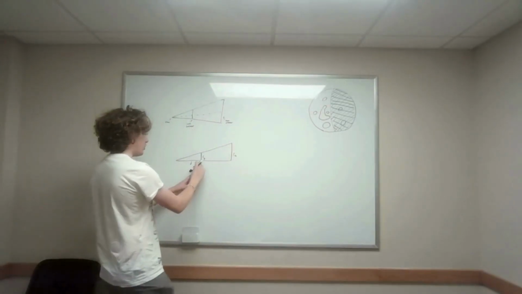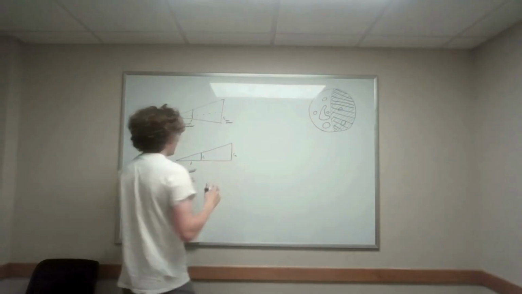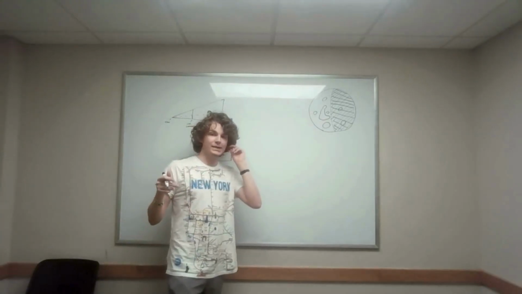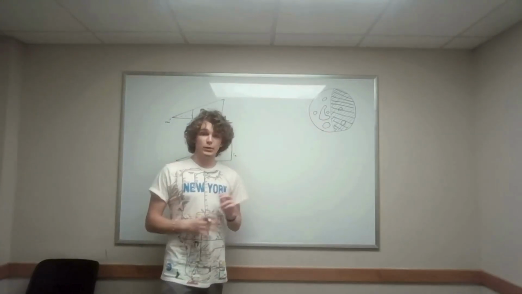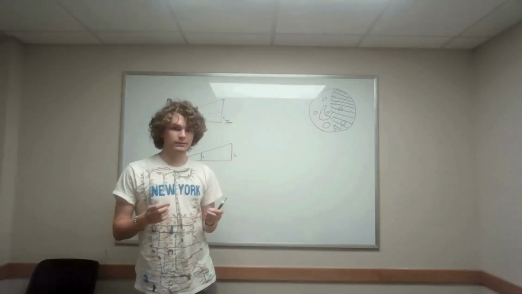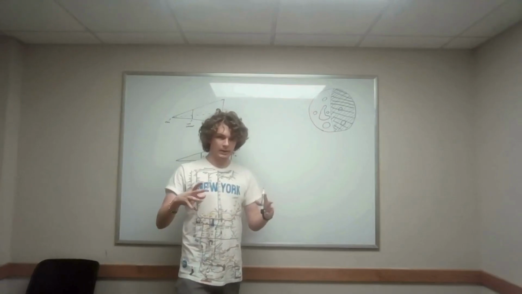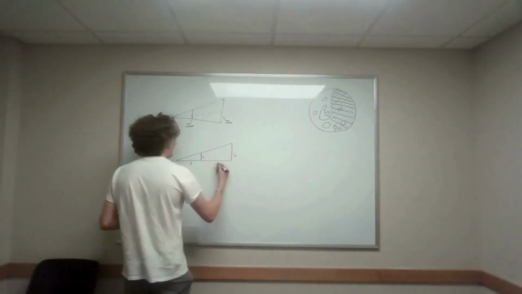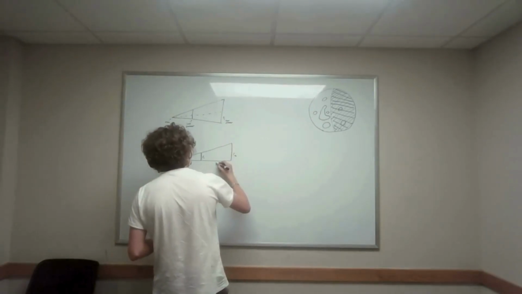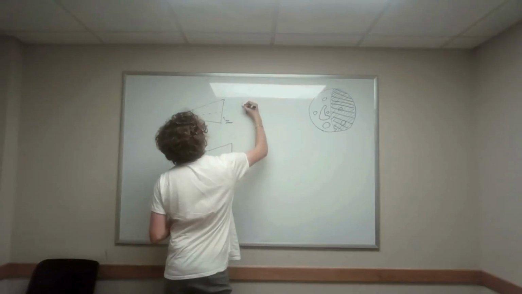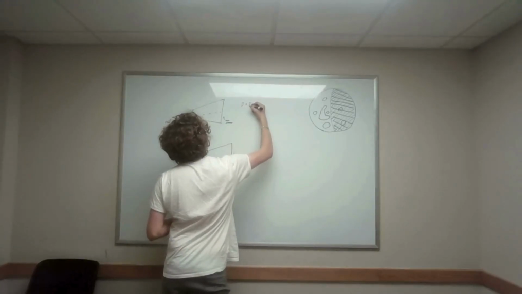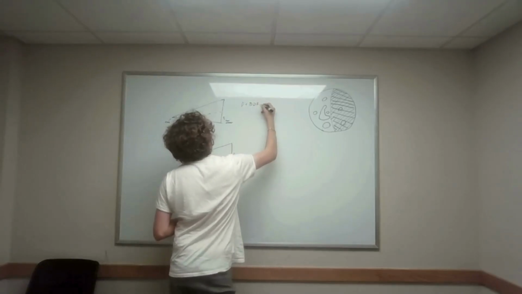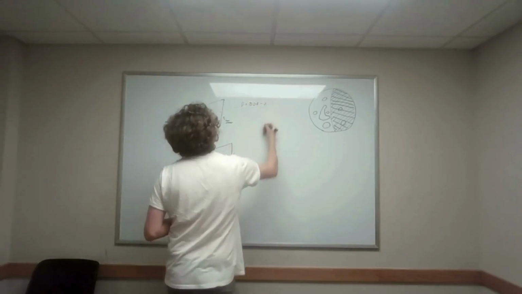And then from the coin to the moon, we're going to call big D, which is the moon's orbital radius, like the radius of the moon's orbit around Earth, minus your arm's length. So big D equals moon orbital radius minus little d.